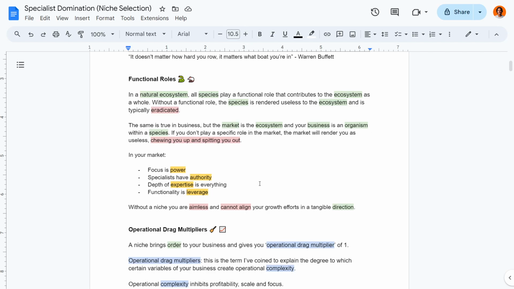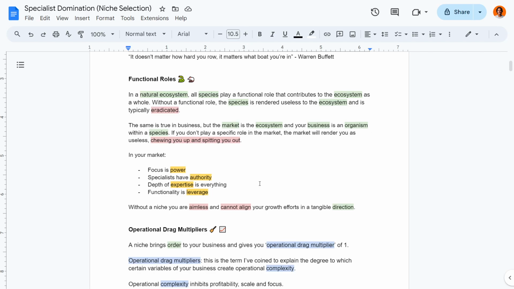That's why you need to play a specific role in the market and be seen as useful. In your market, focus is power, specialists have authority, depth of expertise is everything, and functionality is leverage. We will be talking more on these later down the road, but for now, this is what you need to keep in mind.